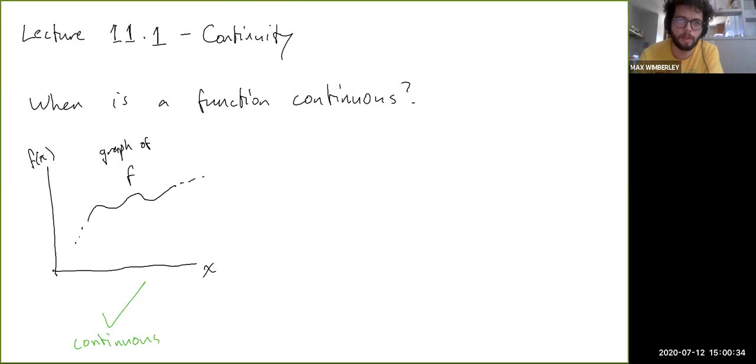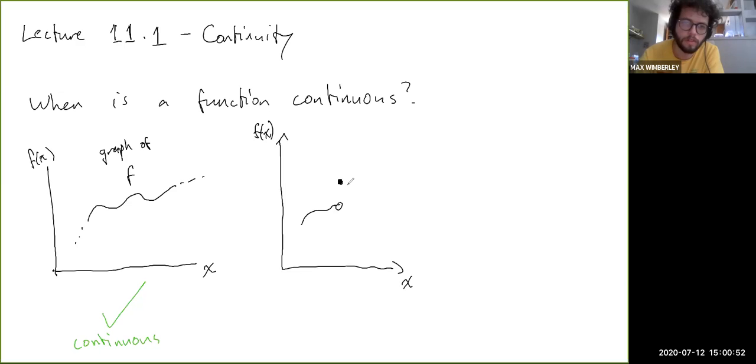But a common mental picture you might have for a discontinuous function would be something where, let's say, it jumps. This is often drawn like this, something like that.